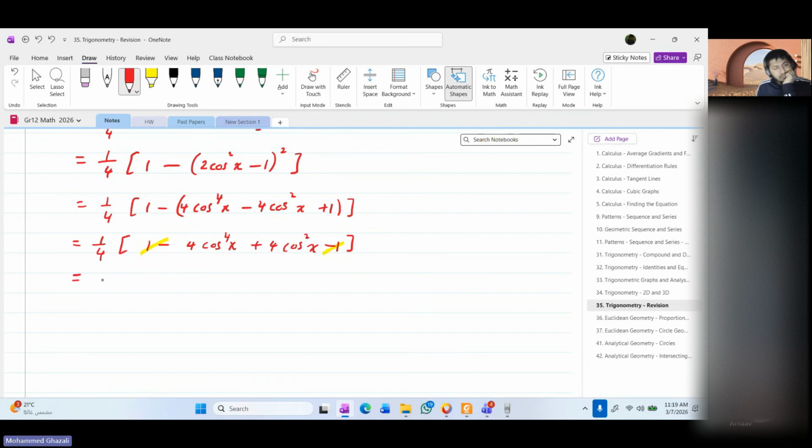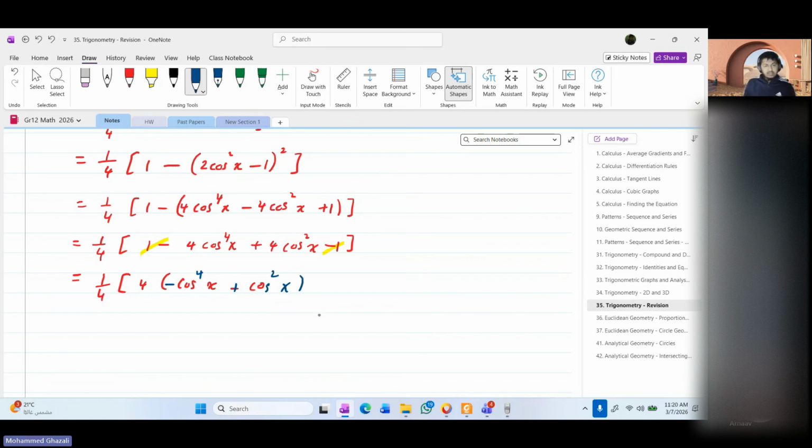Then I can take out 4 as a common factor. So I've got a quarter into 4 into cos squared x minus, I'm just rewriting it in polynomial order here, putting the positive parts first. If you're going to write it out like this, then put a negative and then a positive cos squared x.